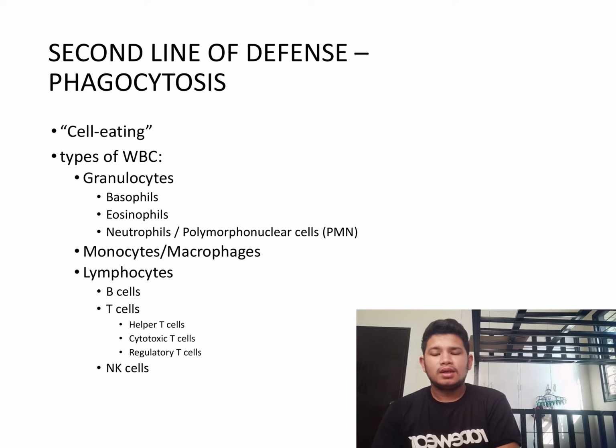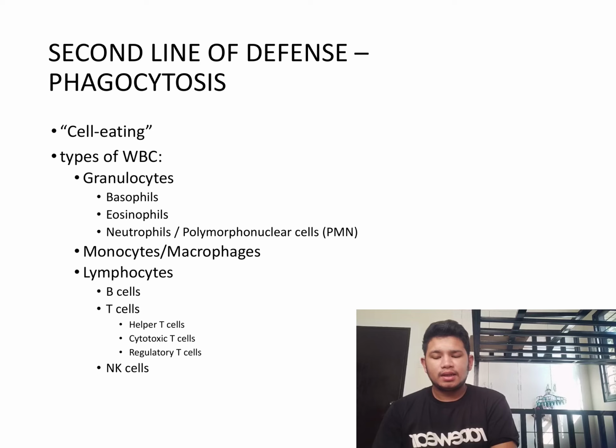Neutrophils, eosinophils, and basophils are types of granulocytes. Monocytes and macrophages are types of cells found in the immune system of organisms. They are considered the front line of host defense.